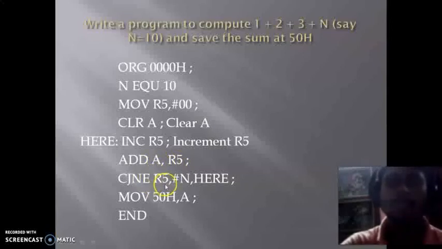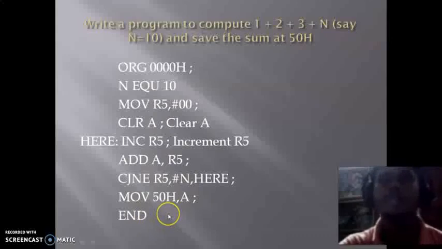And CJNE basically checks R5. When R5 is 10, then the operation is basically completed. So now R5 will be checked whether it is 10 or not, and CJNE is basically R5 compared with N, that is 10.